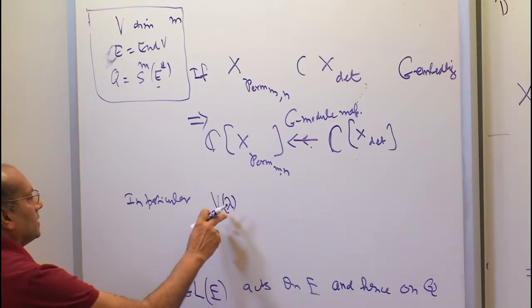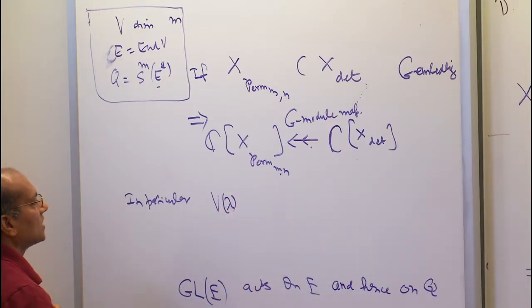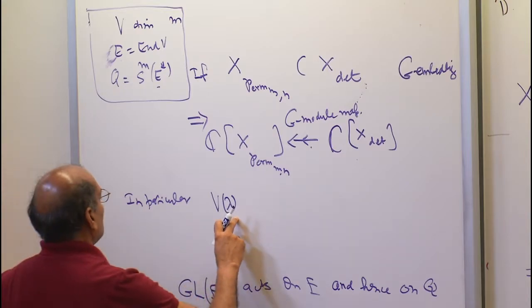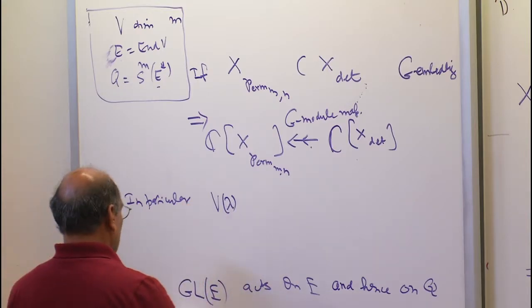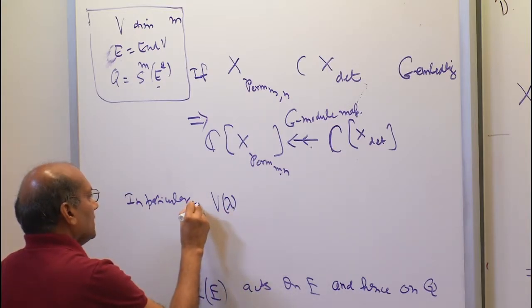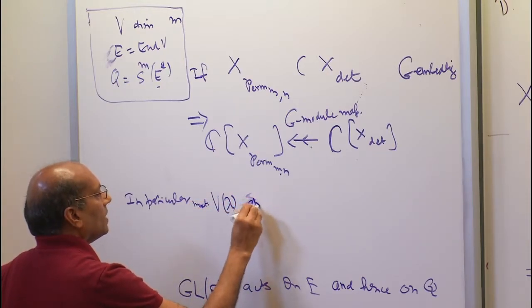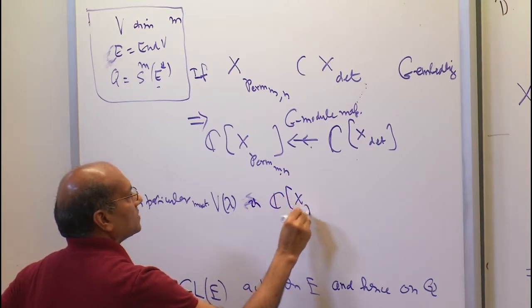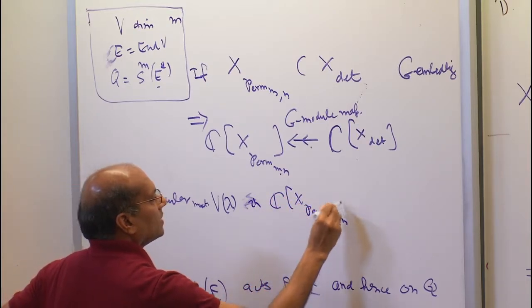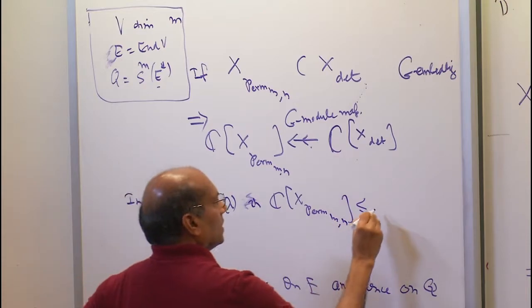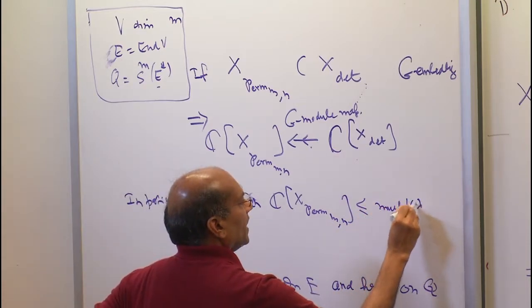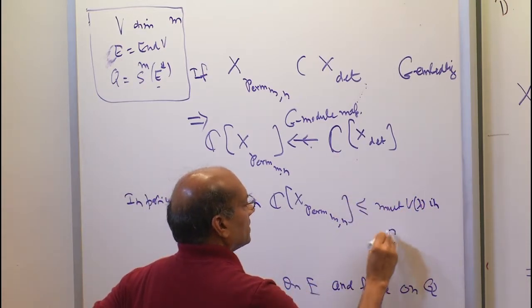So in particular, the multiplicity of V lambda in C[X perm Mn] will be less than or equal to the multiplicity of V lambda in this side.